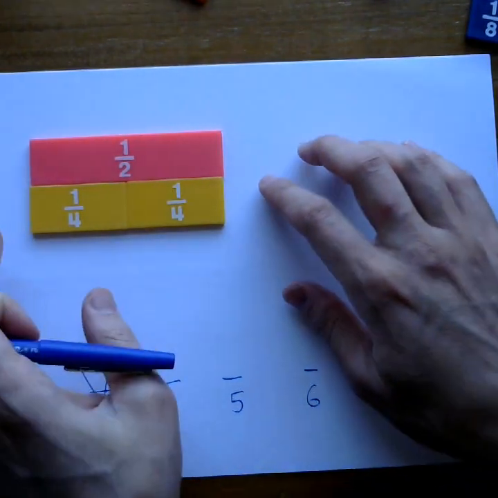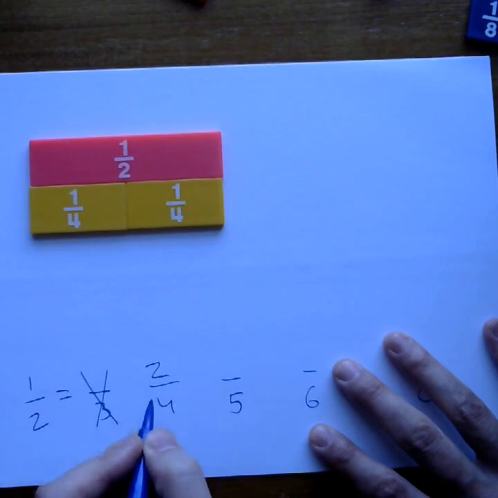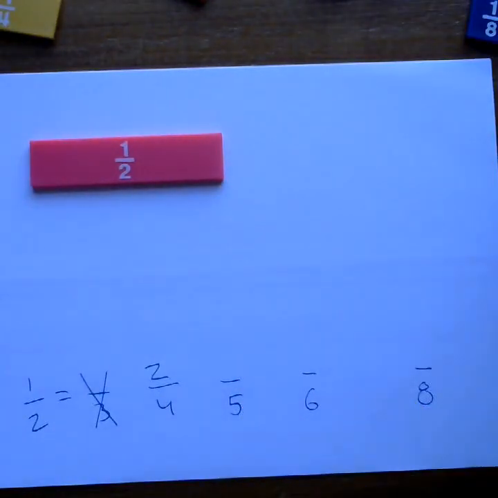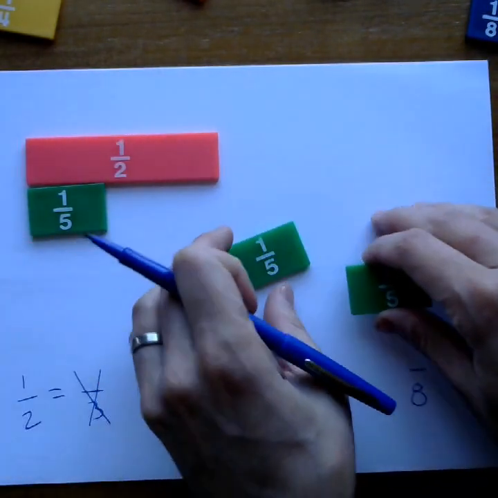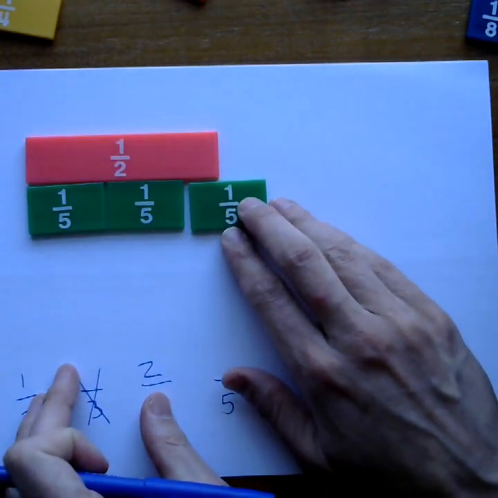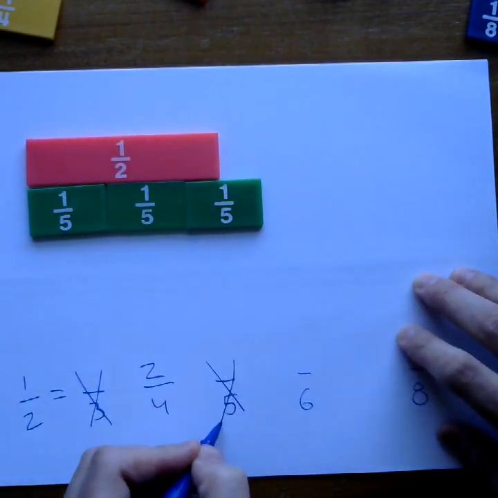Oh, hey, 2/4 equals 1/2. It's the same. So 1/2 does equal 2/4. Let's try fifths. 1/5 is smaller than a half. 2/5 is smaller than 1/2, and 3/5 is larger than 1/2. So the fifths tiles don't work.